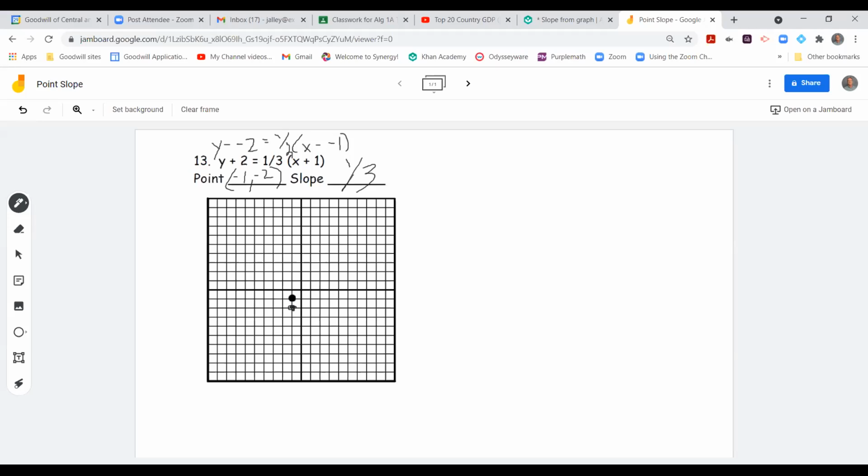So if I go up 1 and to the right 3, 1, 2, 3, it's going to be right there. Up 1 again, 1, 2, 3 to the right again. So there's my line going through from point slope, and all I had was 1 point on the line and the slope.